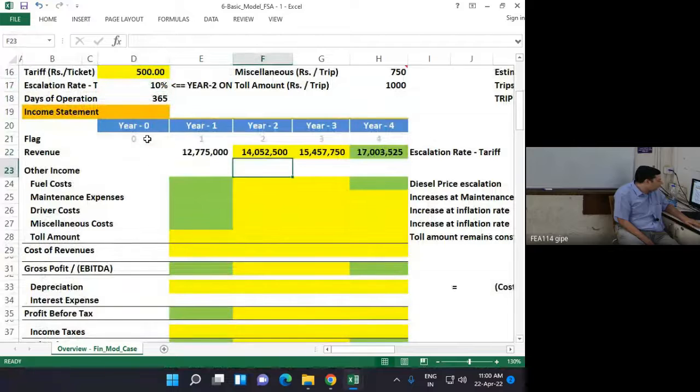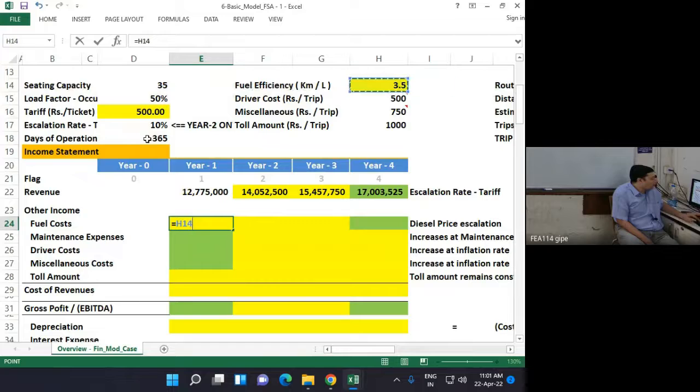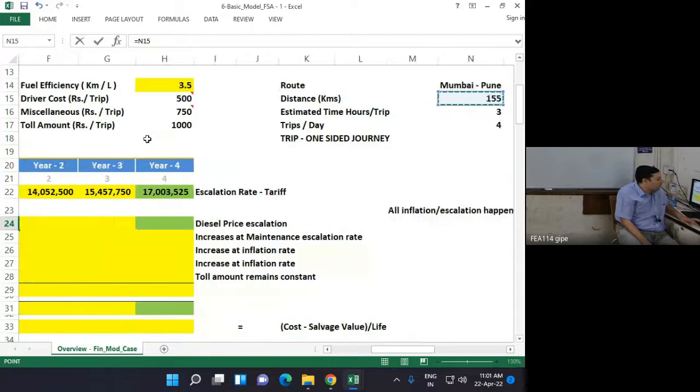So, fuel expenses, let's do it on screen. Now we are looking at 3.5 kilometers per liter as the fuel economy of the bus. So the bus consumes 1 liter of diesel and goes 3.5 kilometers. How much distance do we have to cover in a trip? That is 155 kilometers.